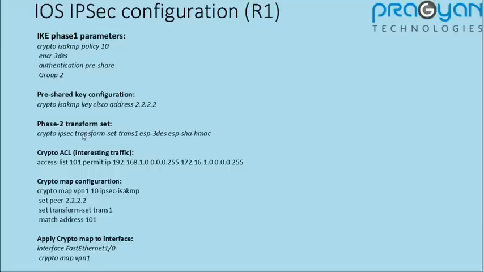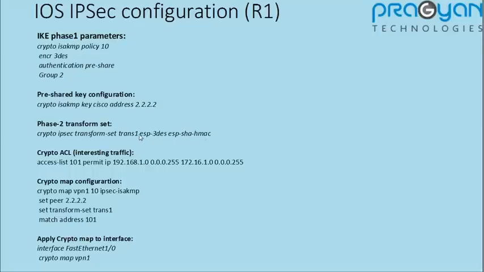Now I'll start with phase 2. In phase 2, the first thing I need to configure is what is called the transform set. The transform set is essentially my encryption algorithm and hashing algorithm. So I'm configuring crypto IPSec transform-set TRANSFORM1. This is just a name, and I'm using ESP as a protocol and 3DES, and then ESP-SHA-HMAC.